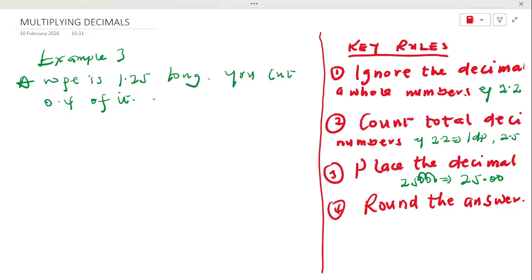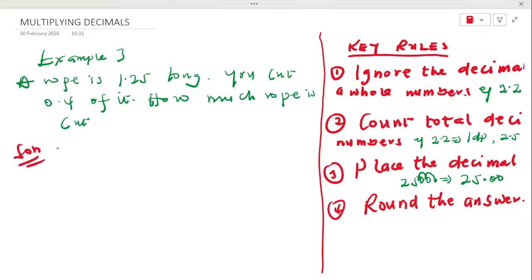How much rope is cut? So these are some of the forms you could see these type of questions.